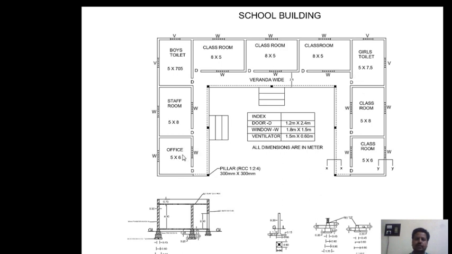It contains office, staff, classrooms, general toilets, and a veranda of 2.5 meters from the wall of the classroom to the edge of the veranda.